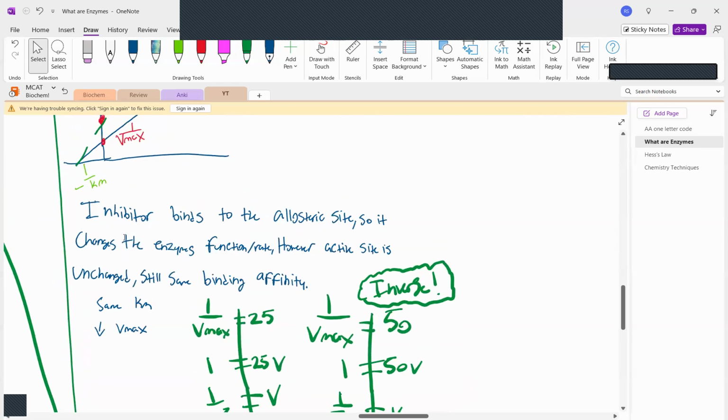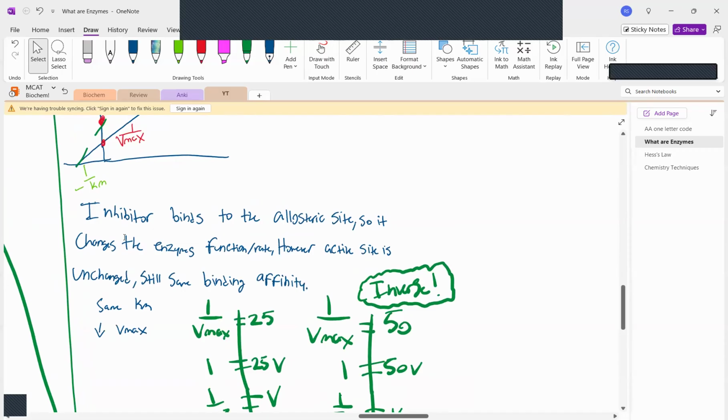The inhibitor binds to the allosteric site, so not where the enzyme and the substrate directly bind to each other. So it changes the enzyme's function or rate. However, the active site is unchanged.